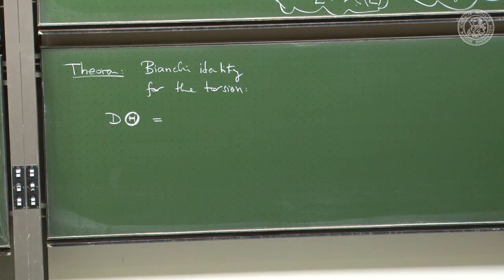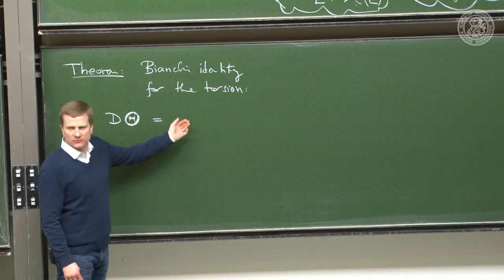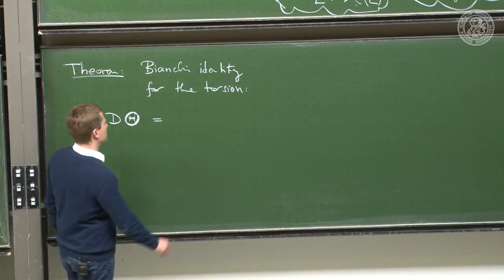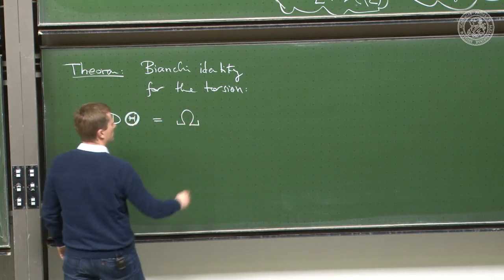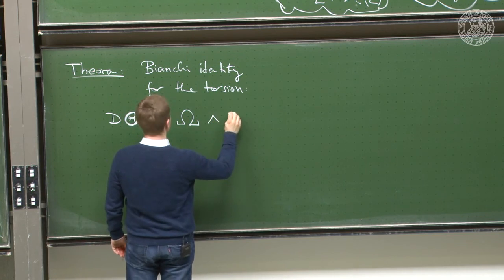If capital D squared was 0, certainly we would get 0 here. We did for the curvature, but here we don't. In fact, we get the curvature 2 form wedged with the solder form.